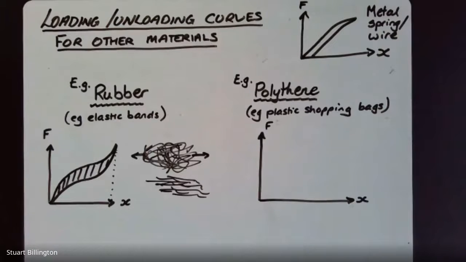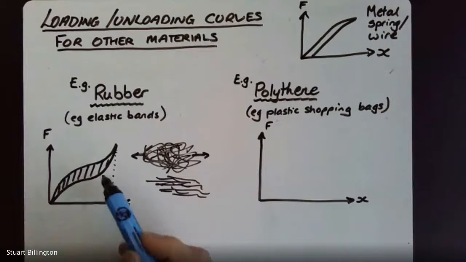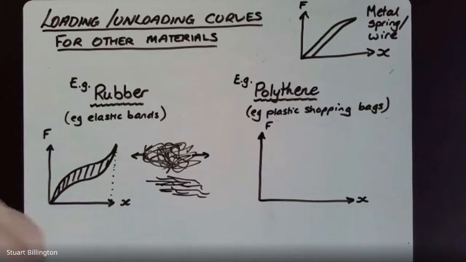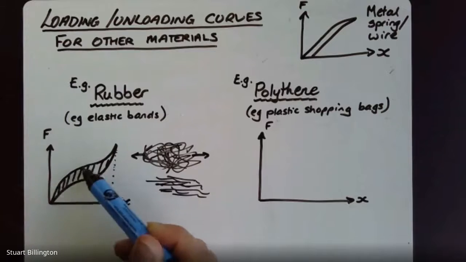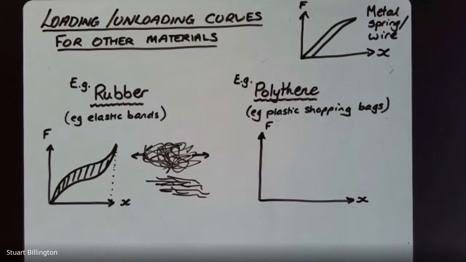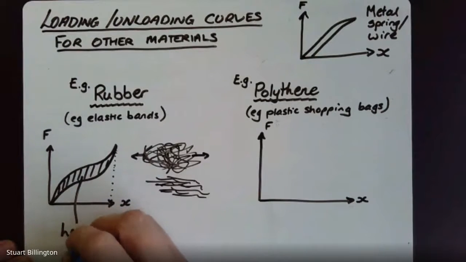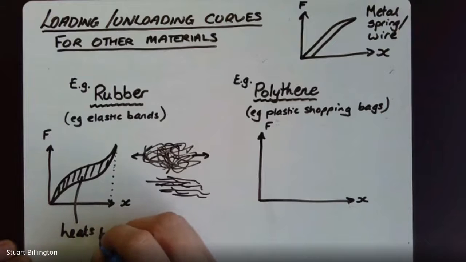Well, the amount of work that the catapult does on the ball will be this white area here, whereas the amount of work that you did stretching the thing will be this white area plus the shaded area. So the question is, what happened to the missing energy? And that energy there will heat up the material.